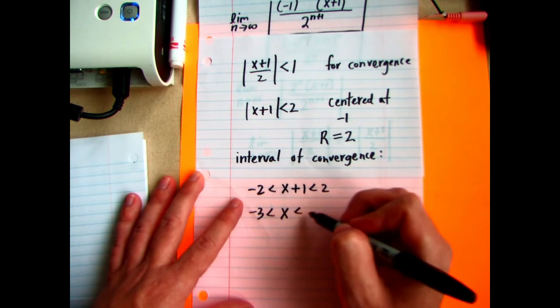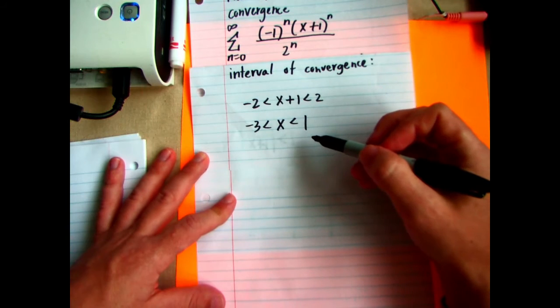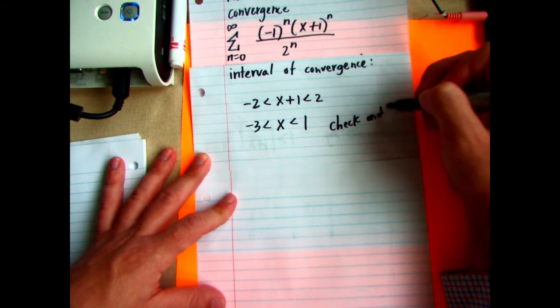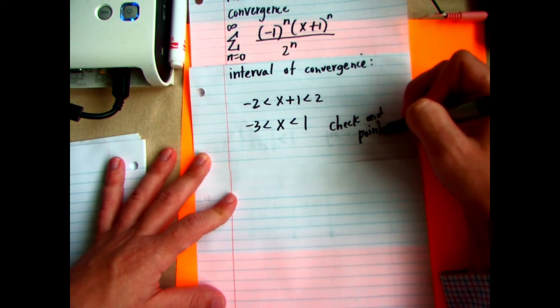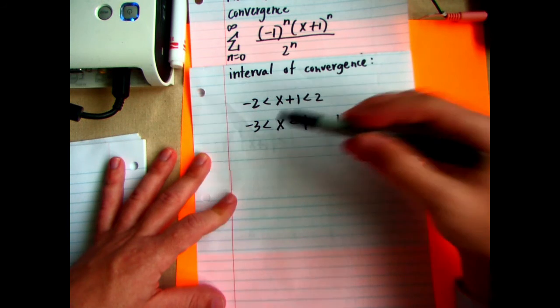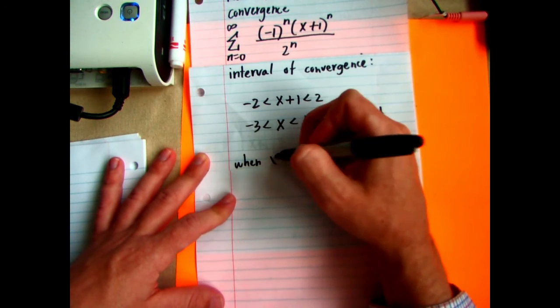My final inequality: negative 3 less than x less than 1. So the center of that interval is negative 1, and the radius, or how much we're going left and right of that center, is 2. So that is my interval of convergence.